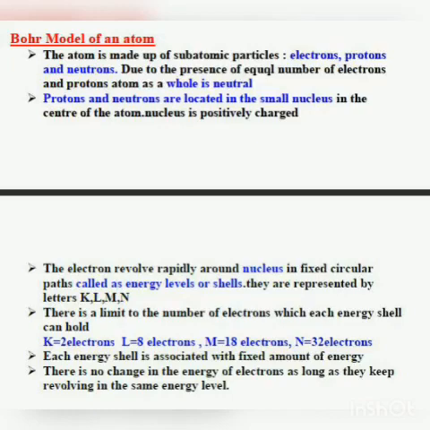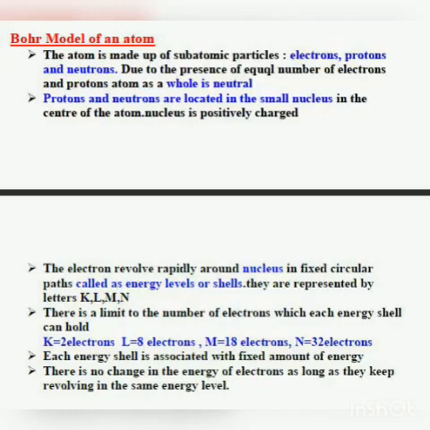Those paths are called energy levels or shells. As the planets move around the sun in a fixed path called an orbit, in the same way the electrons also move around the nucleus in fixed paths called energy levels or shells, and they are represented by the letters K, L, M, N.